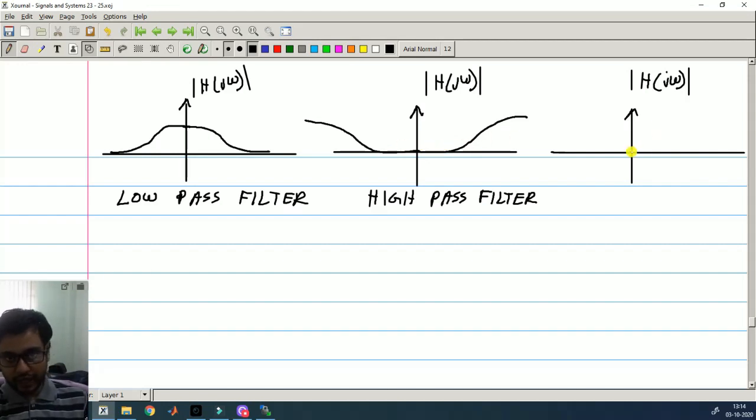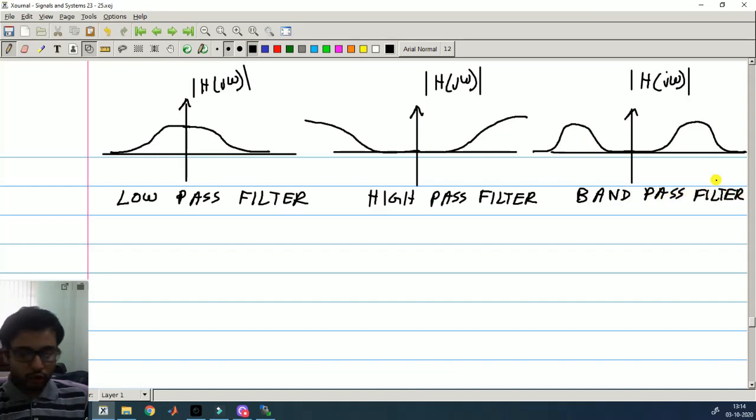Then if you have a system whose magnitude response is like this, which allows a particular range or band of frequencies to pass from input to output, we call that a band pass filter. So all systems are filters.